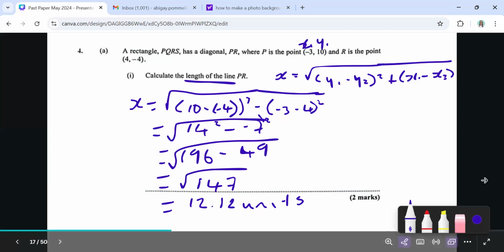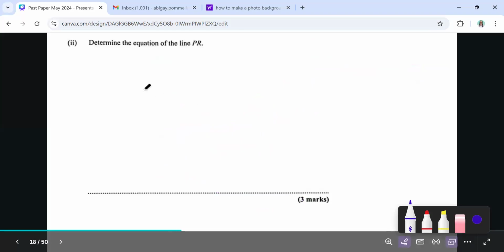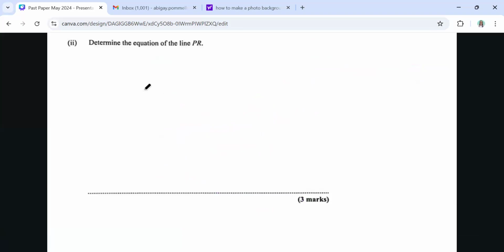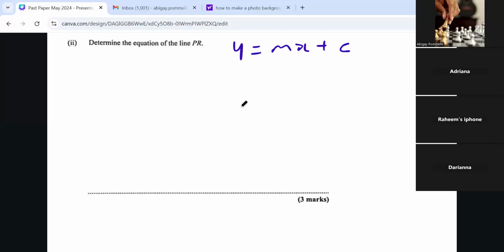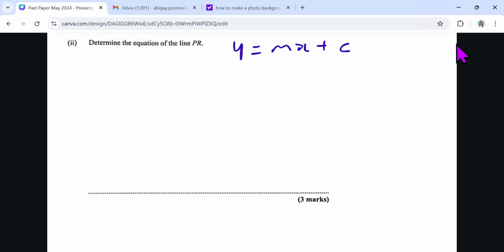All right, moving on. Determine the equation of the line. We know that the equation of the line is y equals mx plus c. All right, so did we find the m?